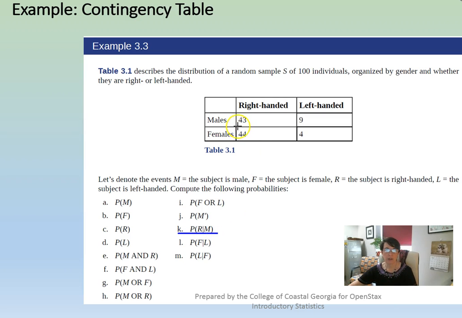So we would look at all of the males, which we already discussed is 52. Instead of 100 being our number, we're going to be looking at 52. And out of those, how many are right-handed? We have 43. So it would be 43 out of that 52. I hope that makes sense.